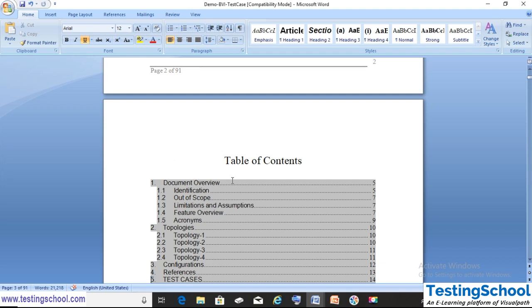So in this feature overview, you will give that overview here. Okay, so that particular side of the protocol you will explain in brief. It will not be a big description, it will be a normal description kind of thing. Okay, then limitation and assumption. So what all things are not covered here.